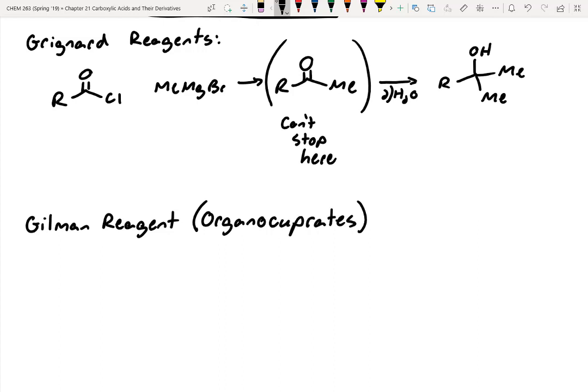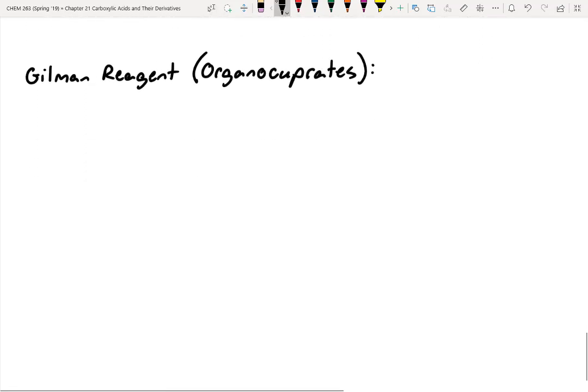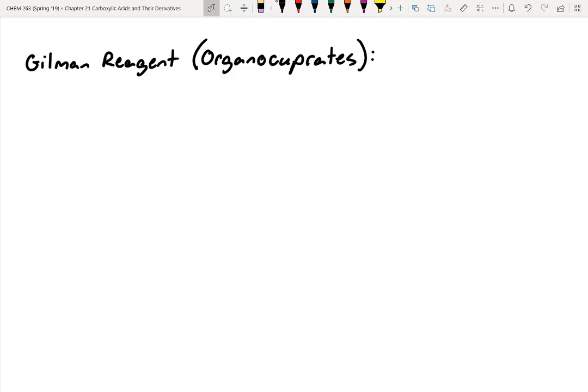So this is getting into organometallic chemistry again. And the Gilman reagent's kind of unique. So if you have an acid halide, a Gilman reagent has two R groups, meaning two alkyl groups bound to copper, and then lithium's also coordinated with copper too.